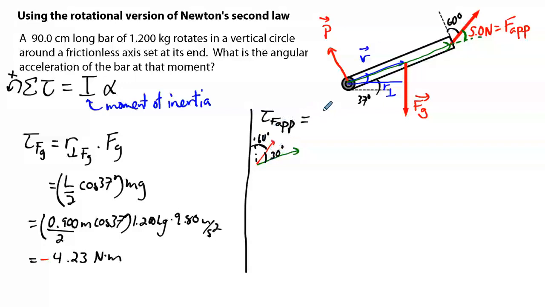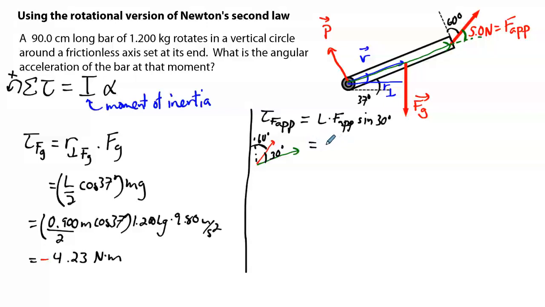So we can just take the length of the R vector, which is the full length of the beam, times the magnitude of the applied force, and then times the sine of the angle between the two, which is just 30 degrees.